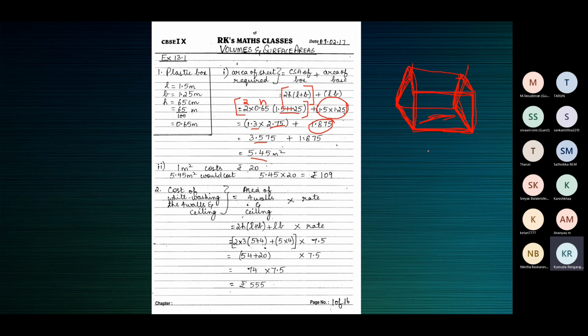It can be L into B, it can be B into H, it can be L into H. Opposite faces will have the same area. So the left and right faces will have the same area. The top and bottom faces will have the same area. The front and back faces will have the same area.